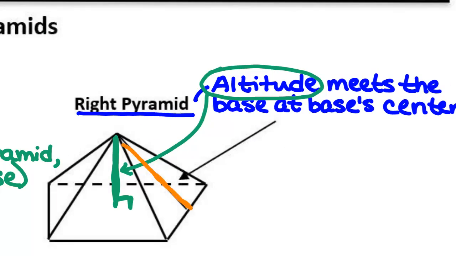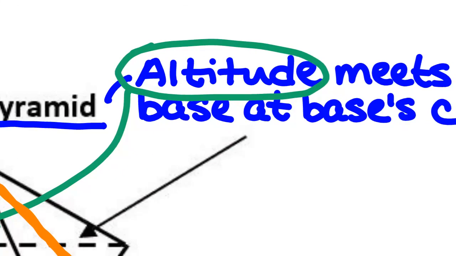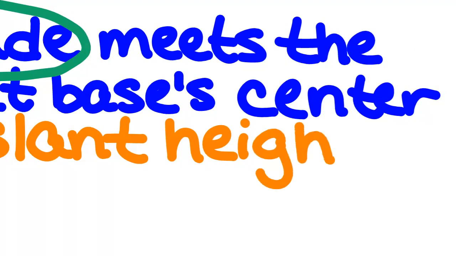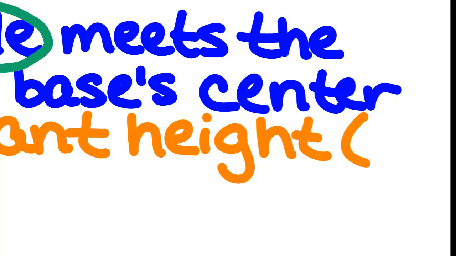This right here, going down one of my lateral faces, is the slant height, which again, we use cursive L to mean slant height.